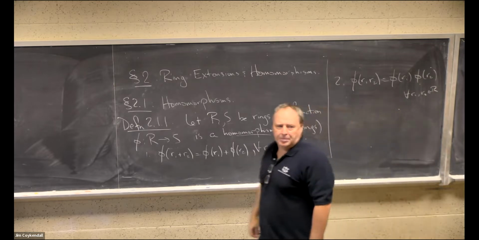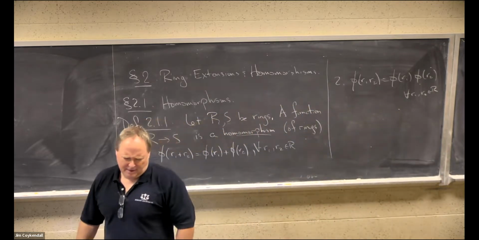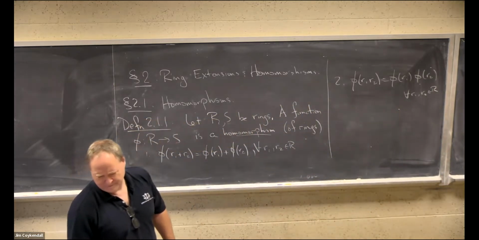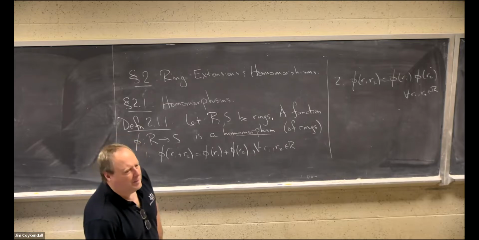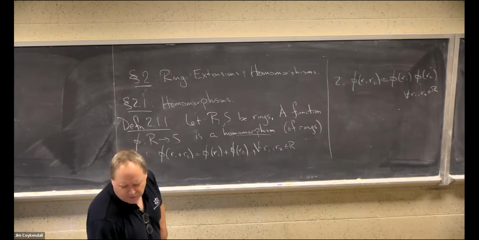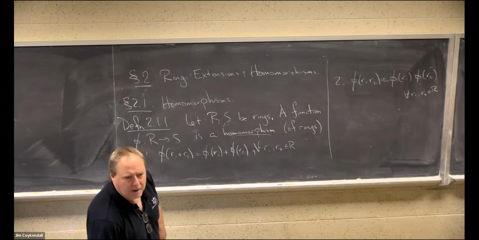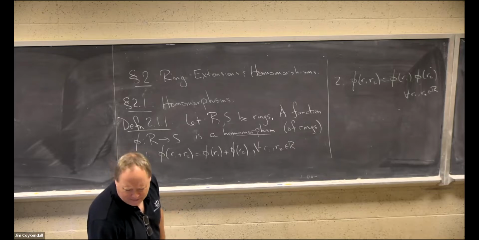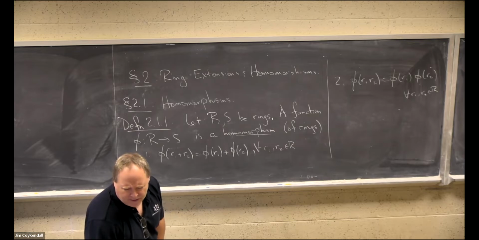And it respects the multiplication. There are a number of modifiers that can apply to this. I might say injective or a monomorphism, surjective or an epimorphism, or I can have a ring isomorphism.